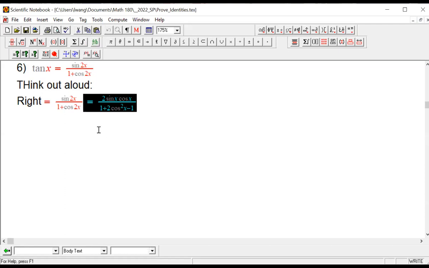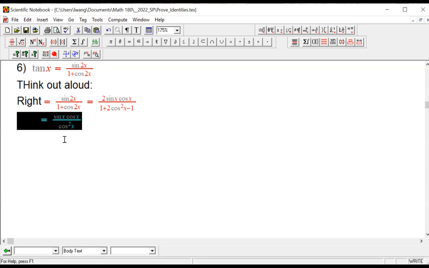This way, 1 minus 1 is gone, right? So in the next step, I no longer have the constants there. The 2s are gone. And wait a second, it looks like this is going to be an easy proof, because with the cosine squared on the bottom, the top is a cosine times sine. So take away one of the cosines. And here we go, we got a tangent already.